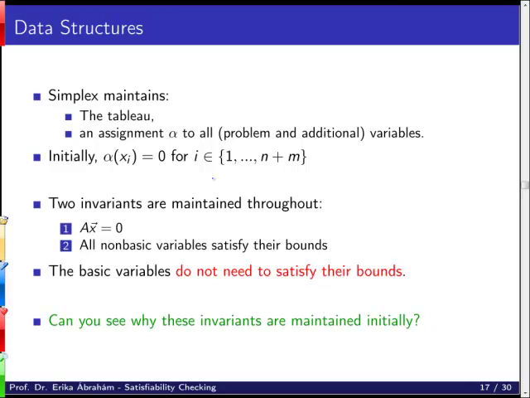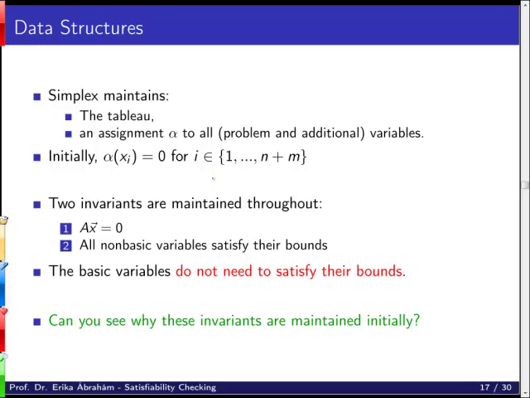So we start with this initial value 0 for all variables. Does this satisfy these invariants? Of course, yes, because if I assign to each variable the value 0, then Ax is of course 0. Firstly, and secondly, I must assure that all non-basic variables satisfy their bounds.